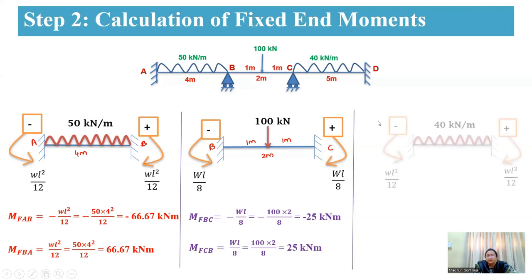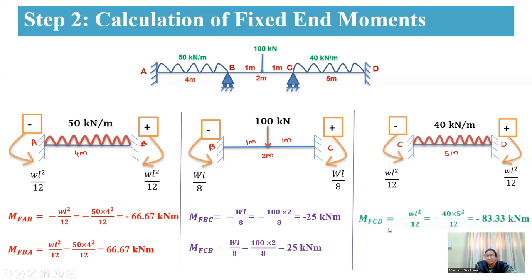Again, you do it for the CD span. In the CD span you again have a UDL, and the span is 5 meters. As it is a UDL, you have the fixed end moments as WL square by 12 at each end. At C it is in anti-clockwise direction, at D it is in clockwise direction.